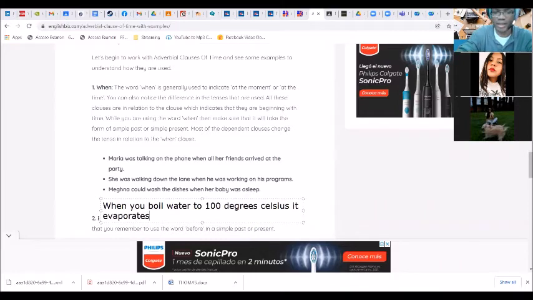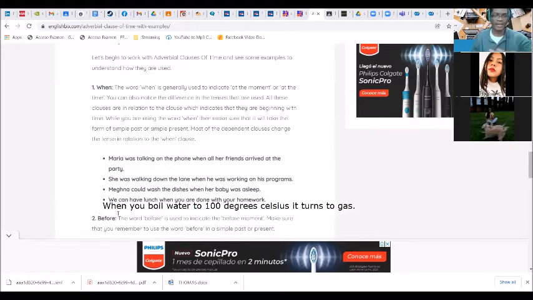All right, turns to gas. Let me make it easier. It turns to gas. All right, what is happening here is cause and effect. All right, it turns to gas. What do you notice? When you boil, present simple, it turns, present simple. And we're using when. That's a time expression.